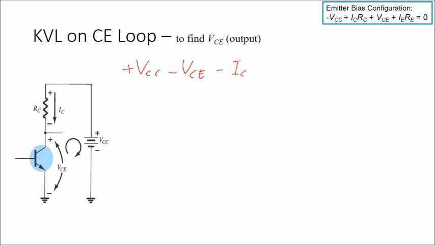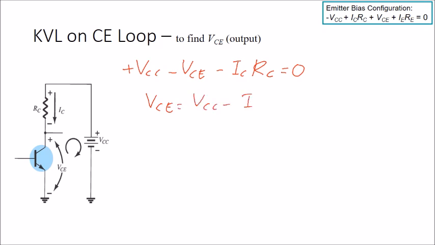So this is the complete loop. This should be equal to 0, and then we rearrange the equation to find the value of VCE. So VCE equals VCC minus IC RC.